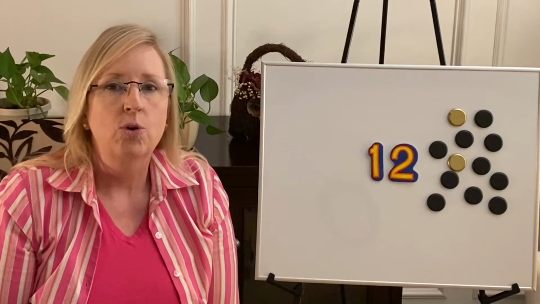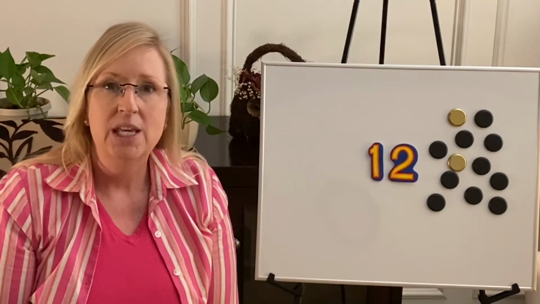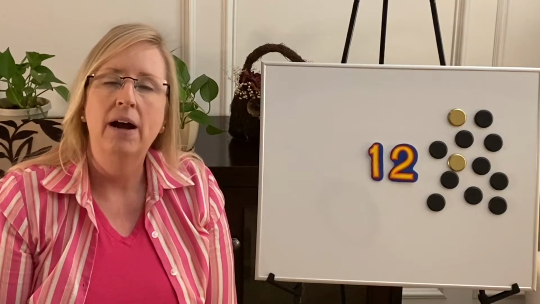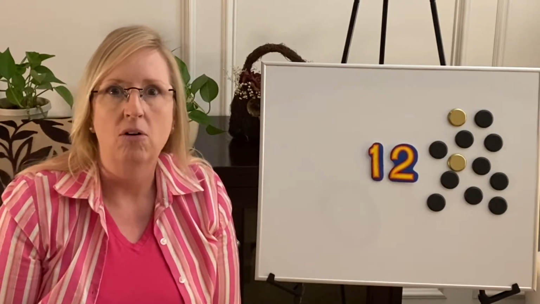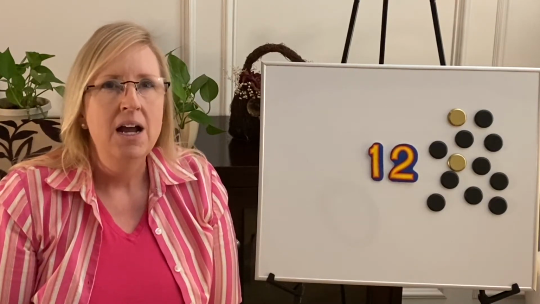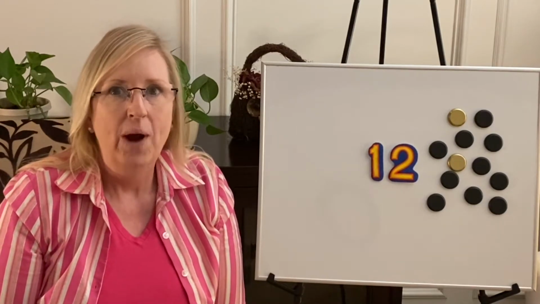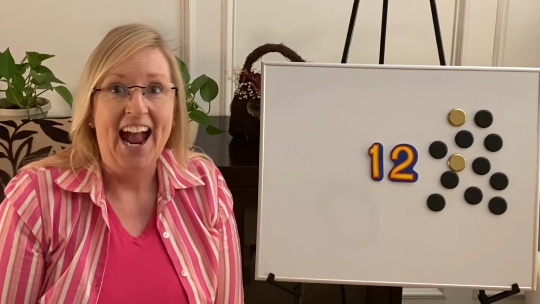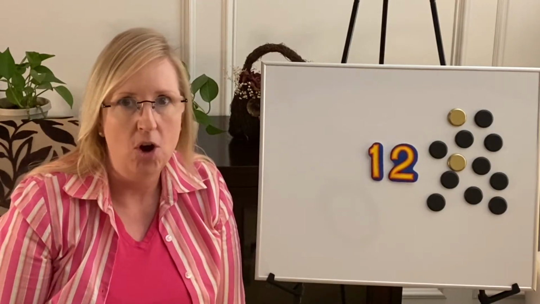So we're going to start our day with a story. This is a story about 12 little bouncy balls. So here it goes. My friend Giovanni went to the Dollar Tree and he got 12 bouncy balls.